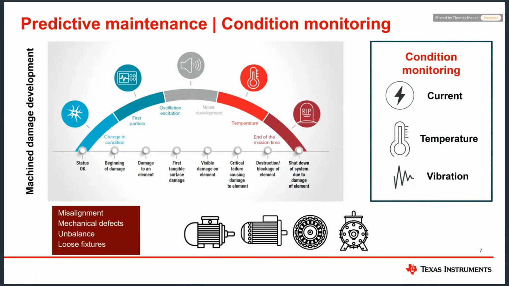This could be related to misalignment, mechanical defects, unbalance, and loose fixtures. For this, one of the methods is to measure the vibration: attach a sensor to this motor to record the vibration on a constant basis, and then share this result with a smart algorithm.